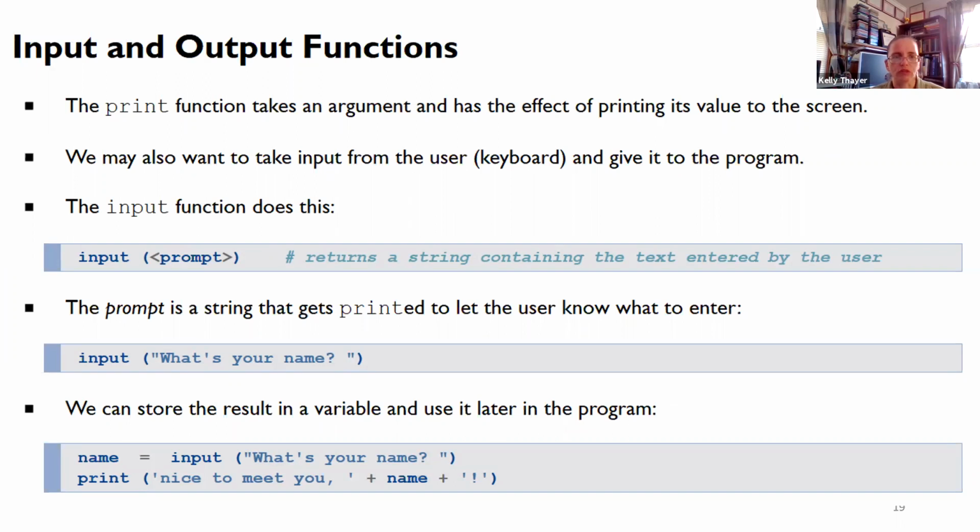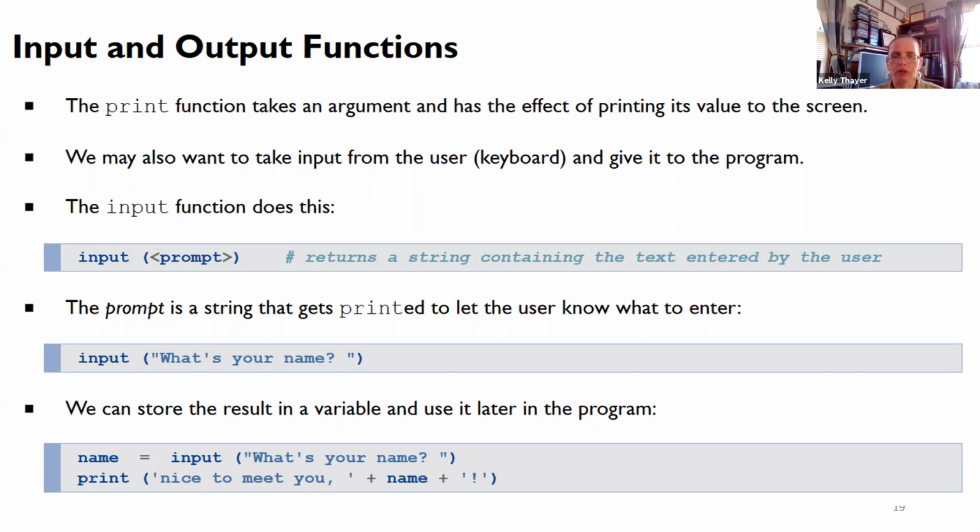Input and output functions. The print function takes an argument and has the effect of printing the value to the screen. We may also want to take input from the user, just keyboard, and give it to the program. The input function does this. So suppose you want to pause your program and say, what is your name? We need a way to get that information into the program, and that's what input does.